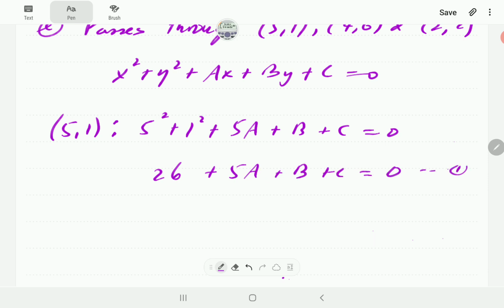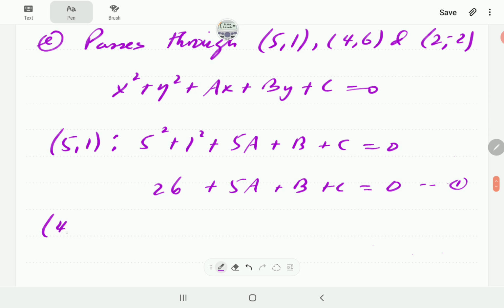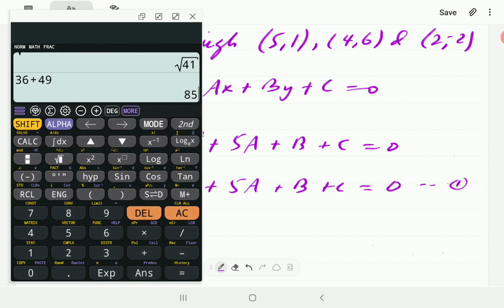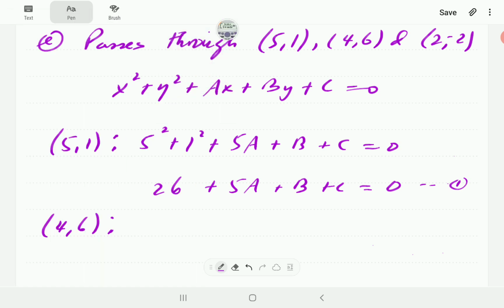So we're going to call this our equation 1. Then we now plug in the point 4, 6. Okay, so in that case we're going to have 4 squared plus 6 squared. Let's just sort that out, so 4 squared plus 6 squared is 52.